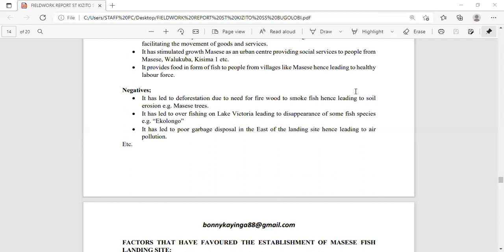What about the questionnaire method? The tool is printed questions.